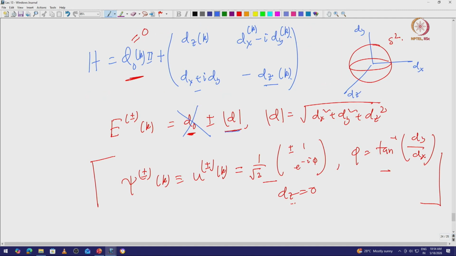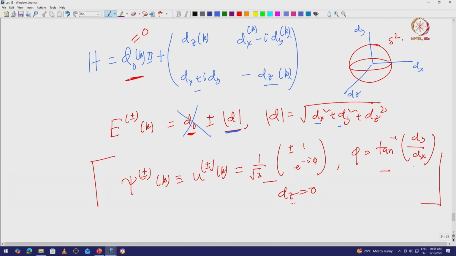Now, notice an interesting thing. It says that the energy does not depend on dx dy explicitly, it only depends on the radius in this d space, okay, and the eigenvectors only depend on the angle. Okay.